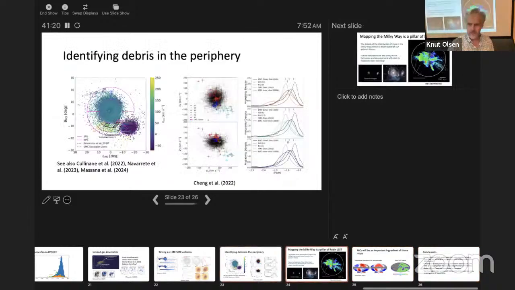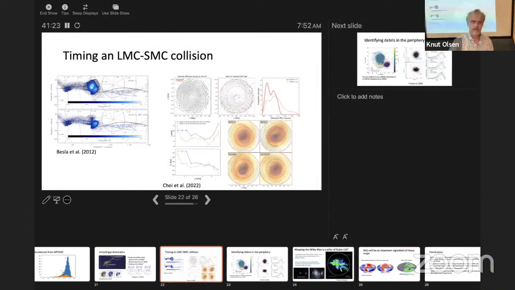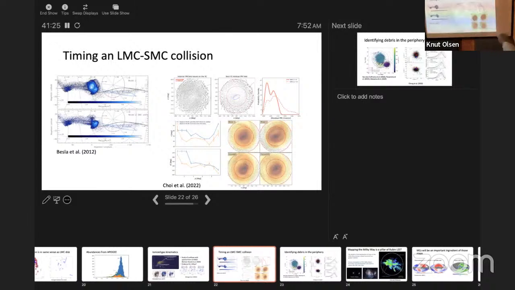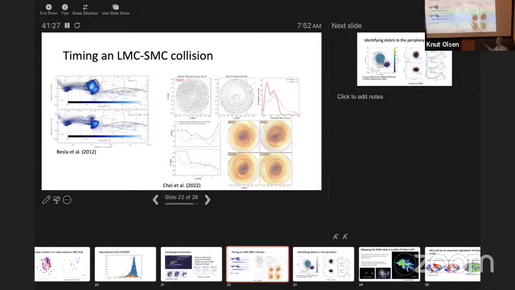I mean, if you look at, for instance, this model here, this is taking the kinematics and trying to measure the inclination, comparing it to the geometric quantity, just from the kinematics, right?